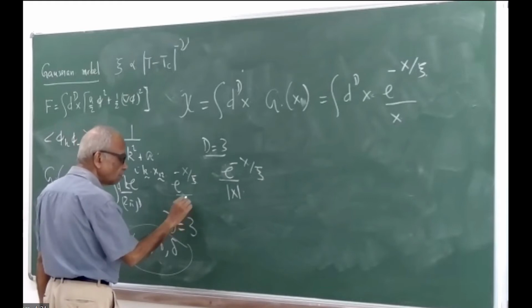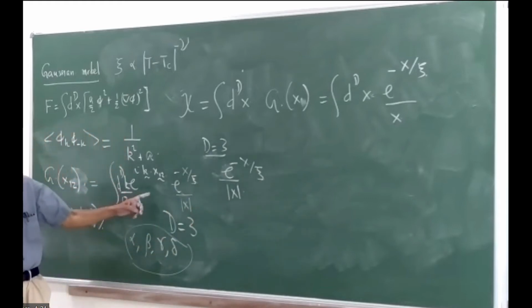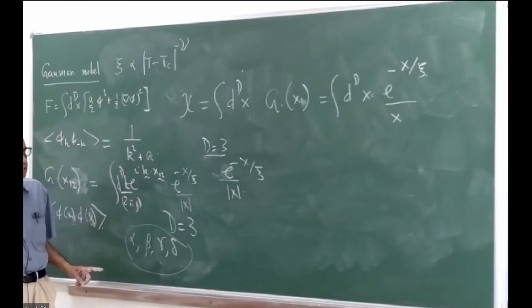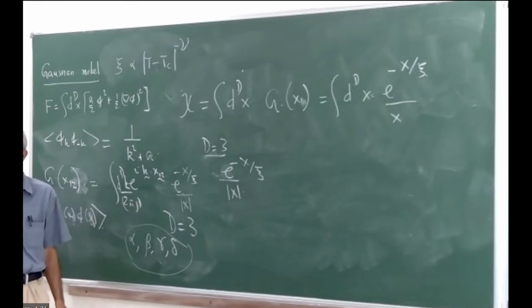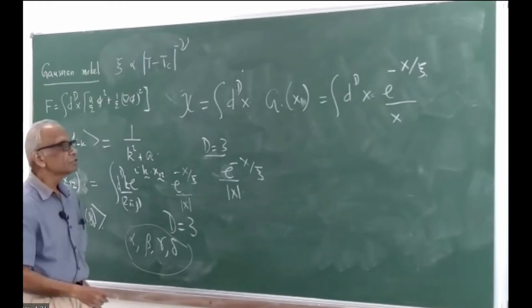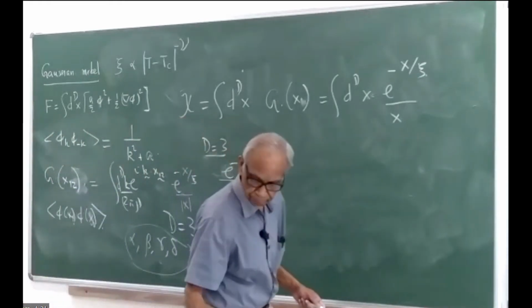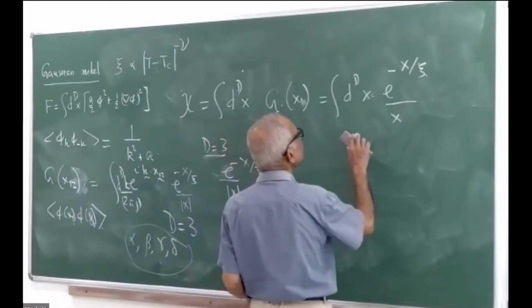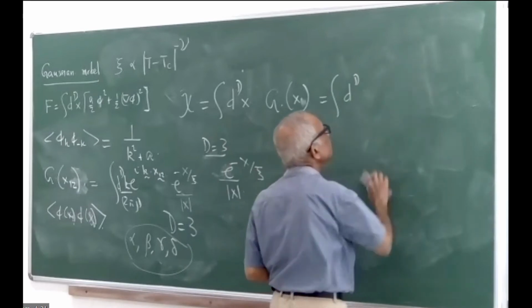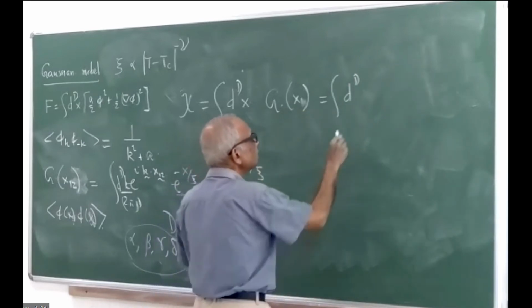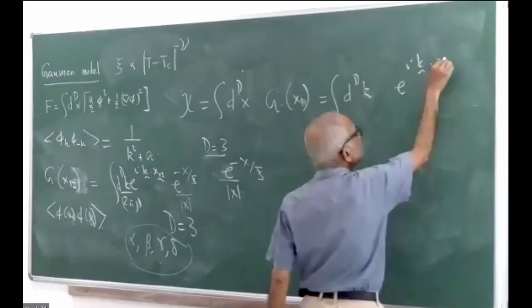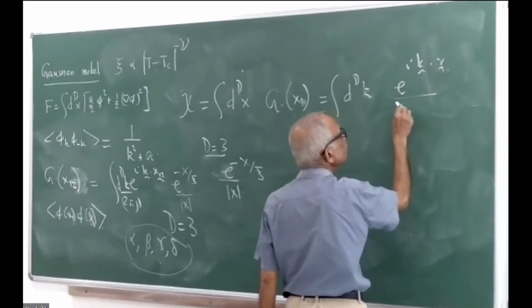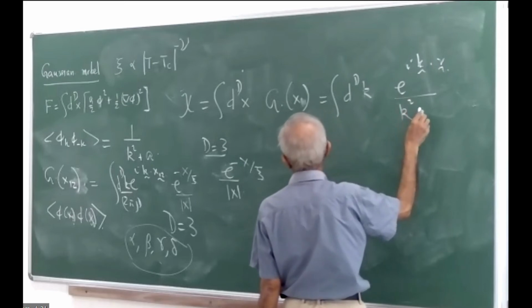And the power over here, if it is a d-dimensional system, would have to be d minus 2, because the integral is ddk e to the power ik dot r over k square plus a.